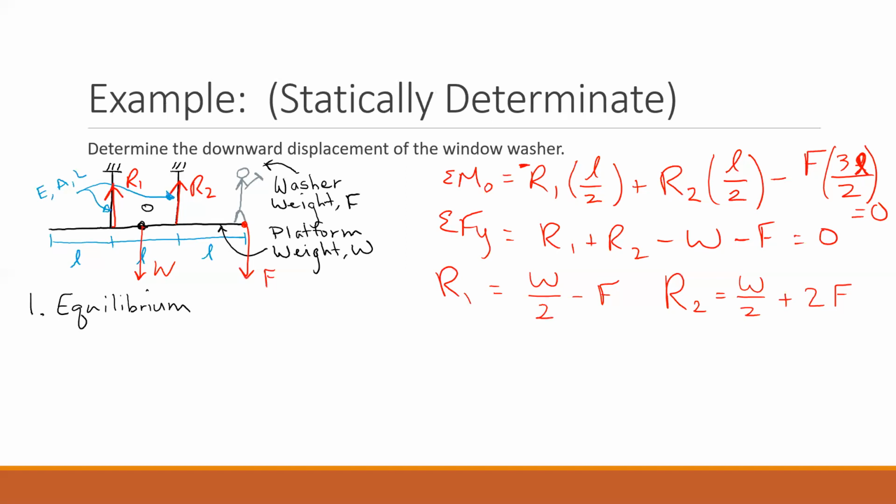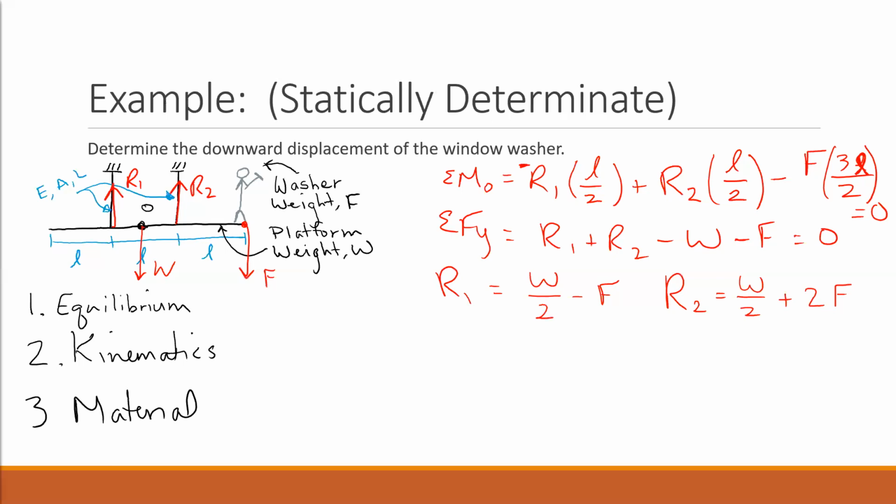So now that we have forces, when we move on to our second step, which is kinematics, and our third step, which is material relations, we're doing it in such a way that we're plugging in our known force. We're not setting up a system of equations, we're just plugging into these equations.